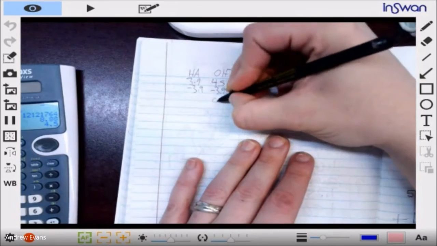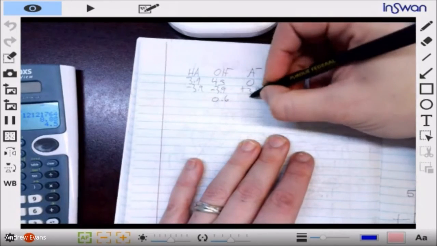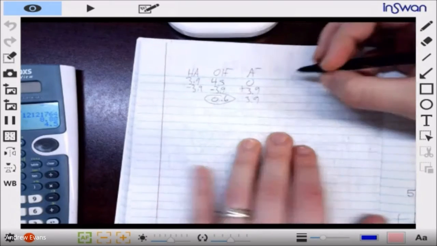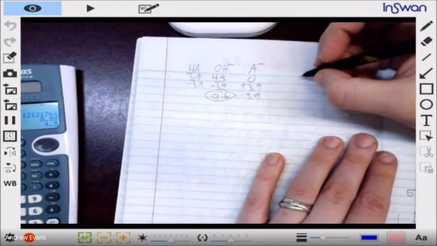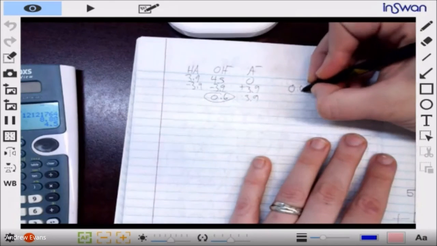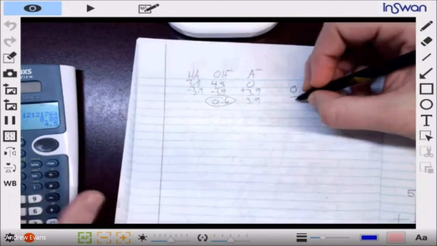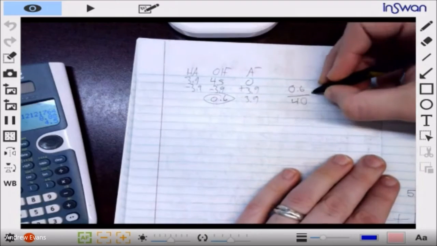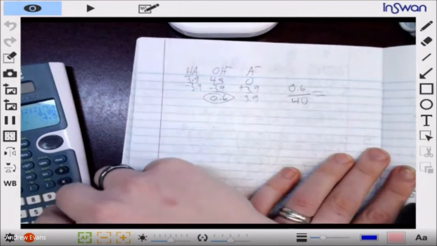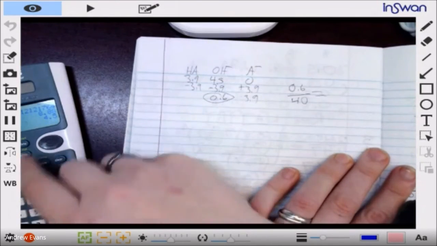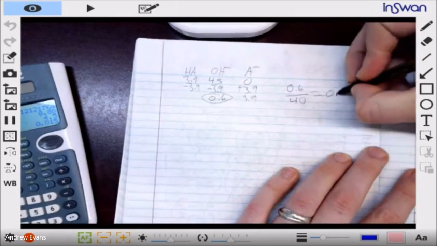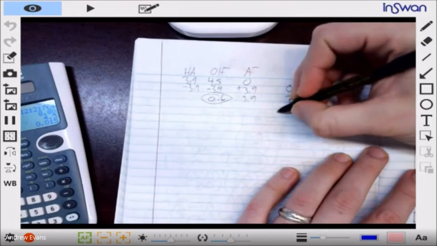And that becomes 0.6, 3.9. But because we have straight up naked base left in solution, 0.6 divided by, let's see, we said 15 plus 25, which is 40. We had 0.015 molar base.